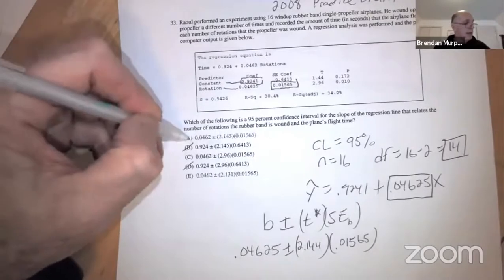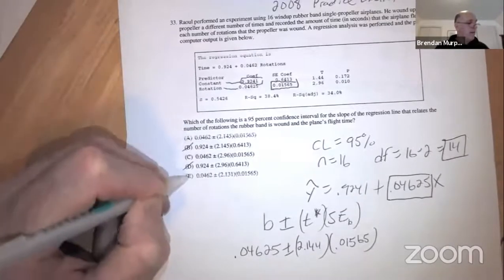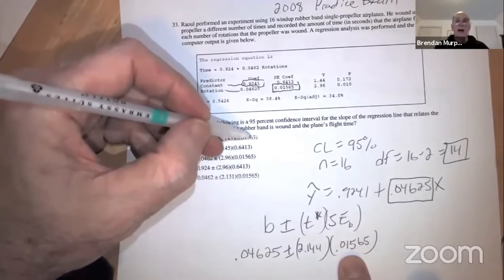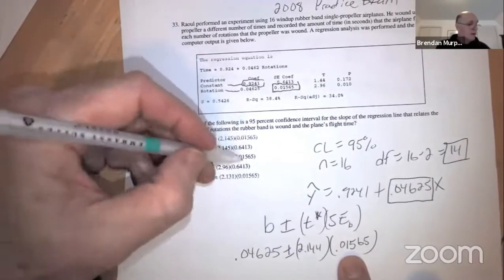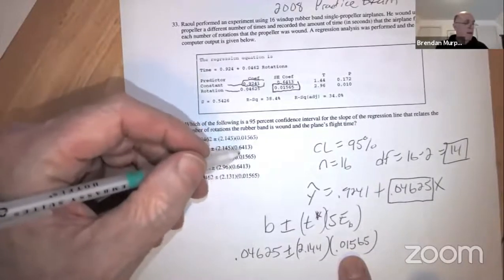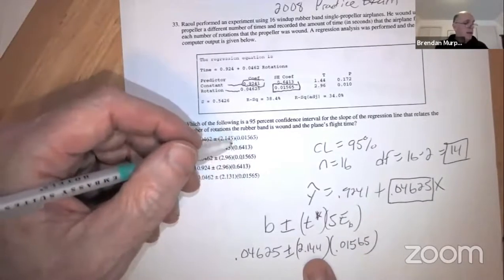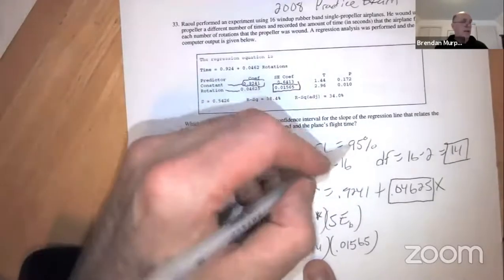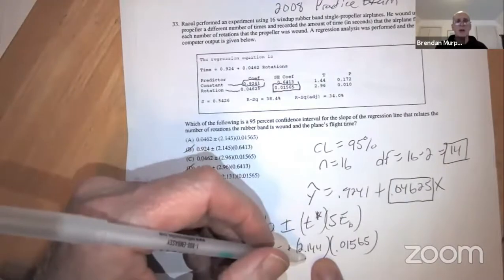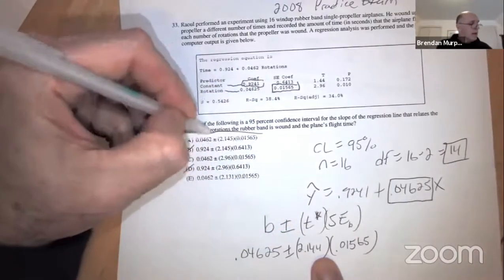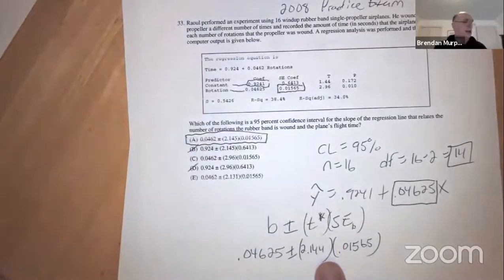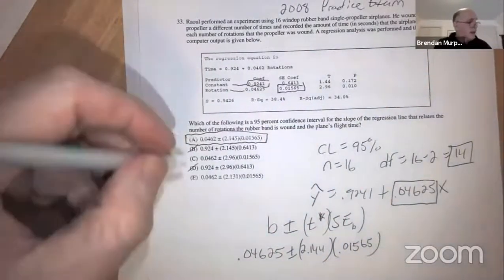So we had it down to A, C, and E. We did say that my standard error was 0.01565. This one has 0.01, so I can't eliminate anything there. We did say that my critical t value based upon 95% confidence and 14 degrees of freedom was 2.144. And so I think the answer is A. I think there's just a rounding issue here that I did, or they rounded a little differently.